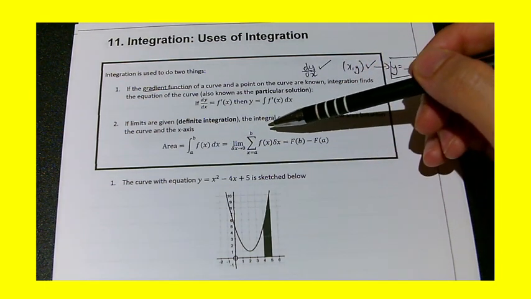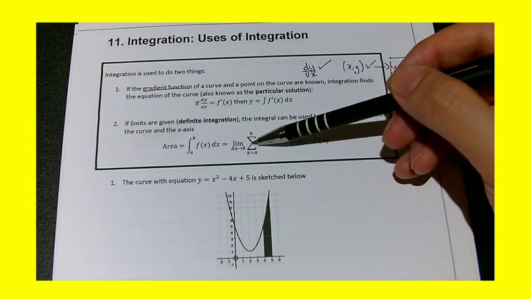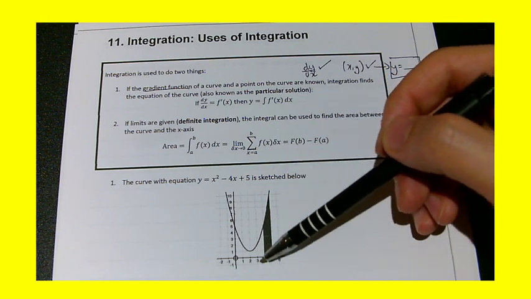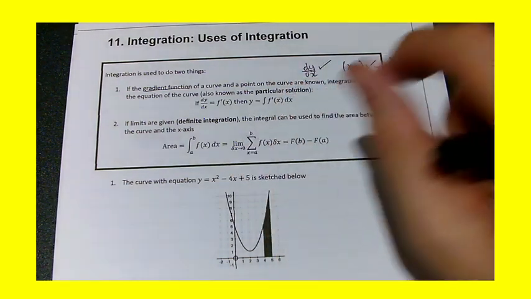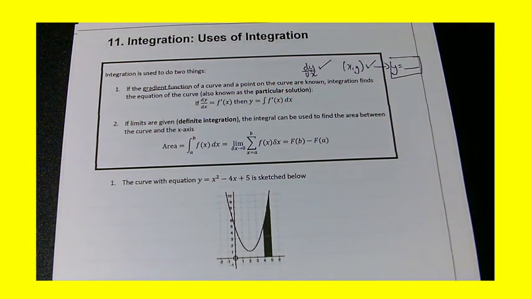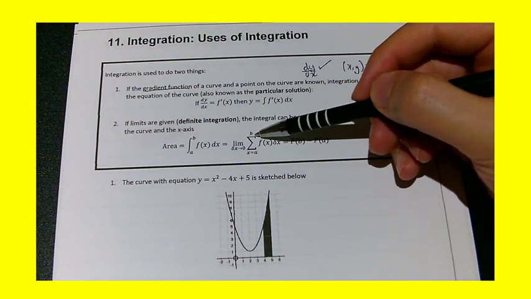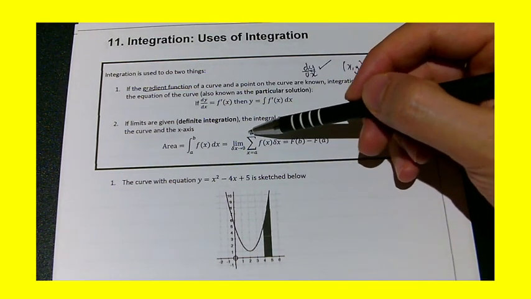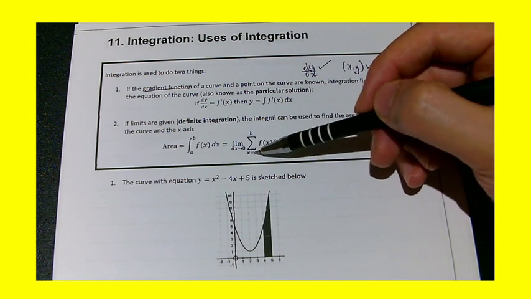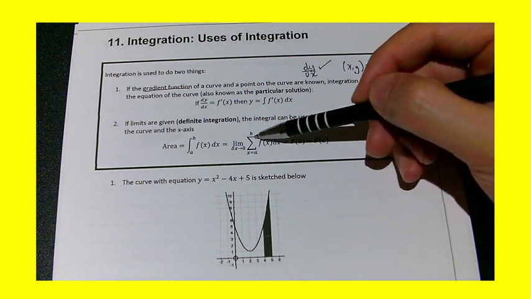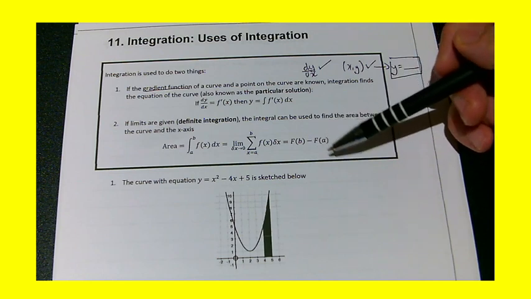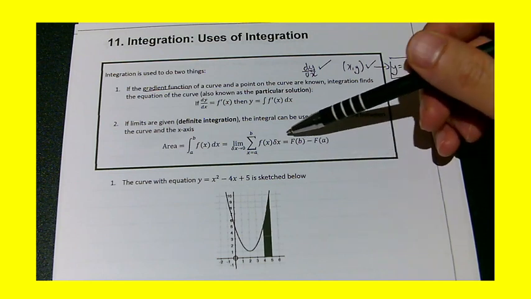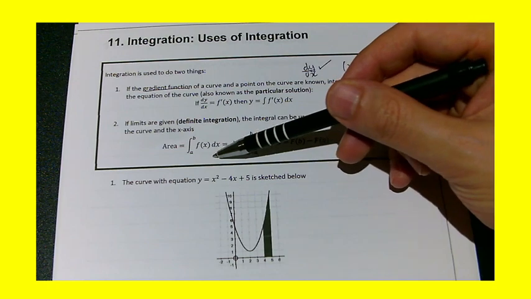In a more technical sense, we split any area up into small strips, and as the width of those strips gets smaller and smaller as they approach 0, then if we sum all these strips between the first x value and the second x value, we can get the area under that curve. Okay, and that is basically what this helps us to do.